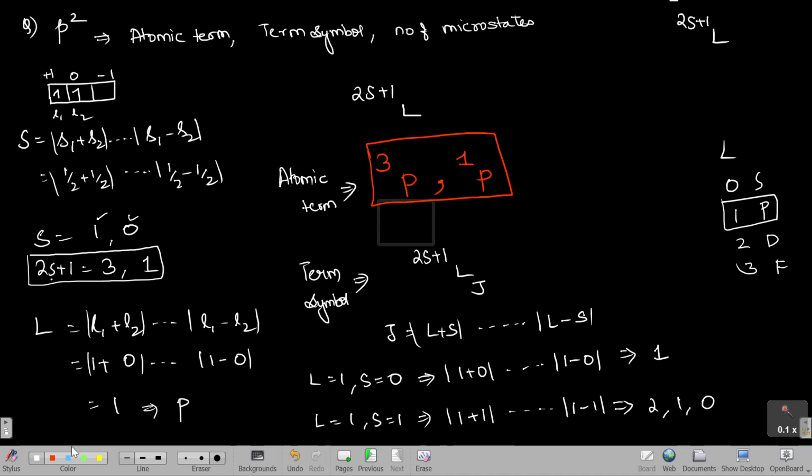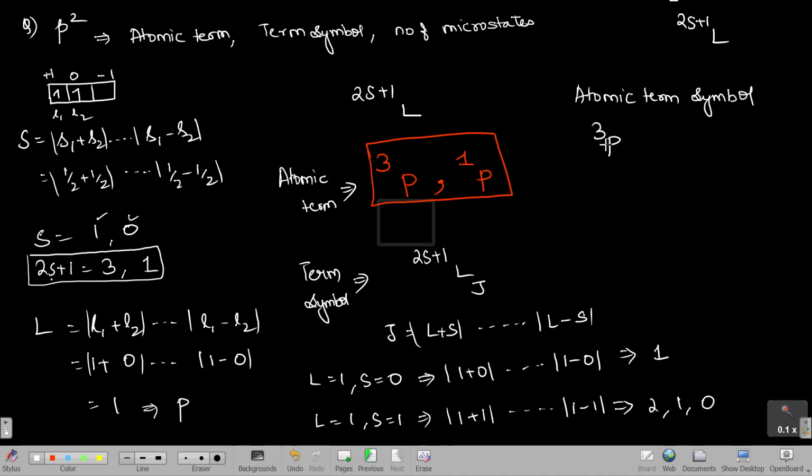So what are the possibilities now for the atomic term symbol? For triplet P, 2S plus 1 is equal to 3, and for singlet, 2S plus 1 is equal to 1.